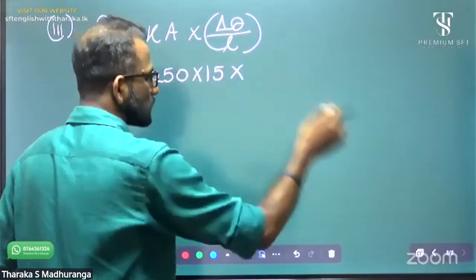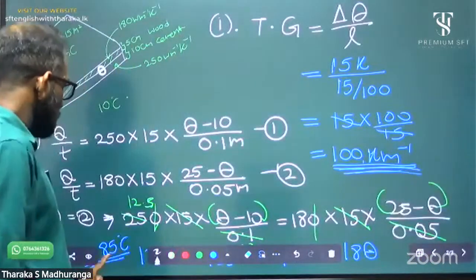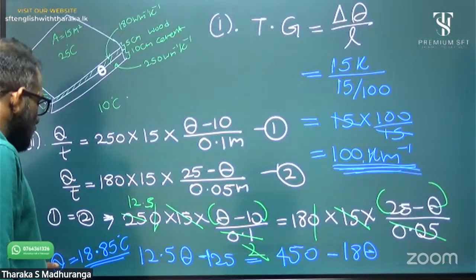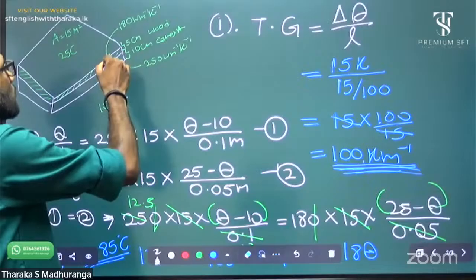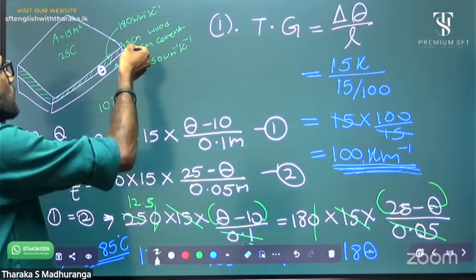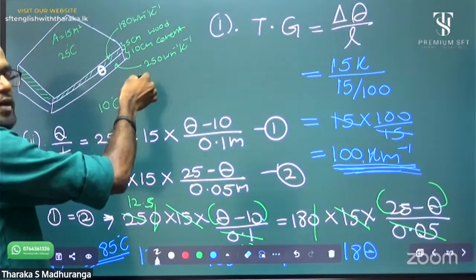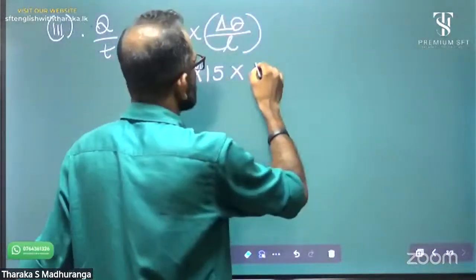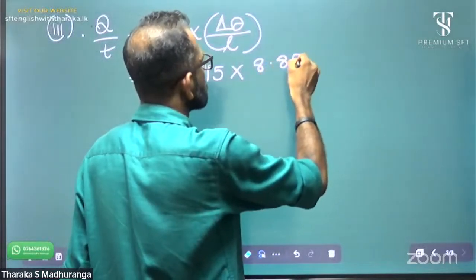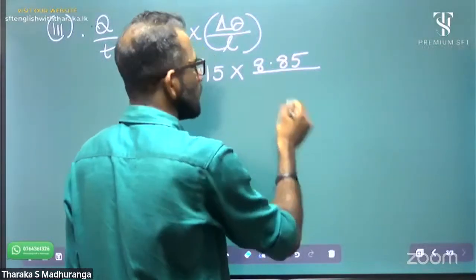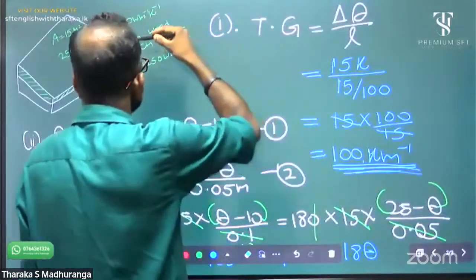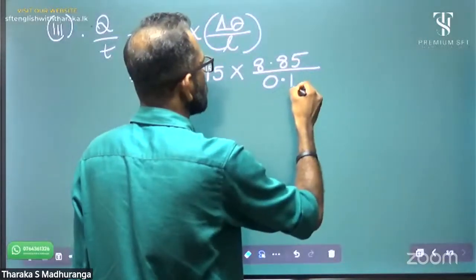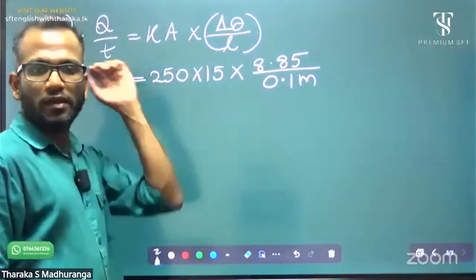Temperature difference is 18.85 minus the outside temperature 10, so 8.85, right? Divide by the length of the concrete wall, which is 10 centimeter, that means 0.1 meter, right?